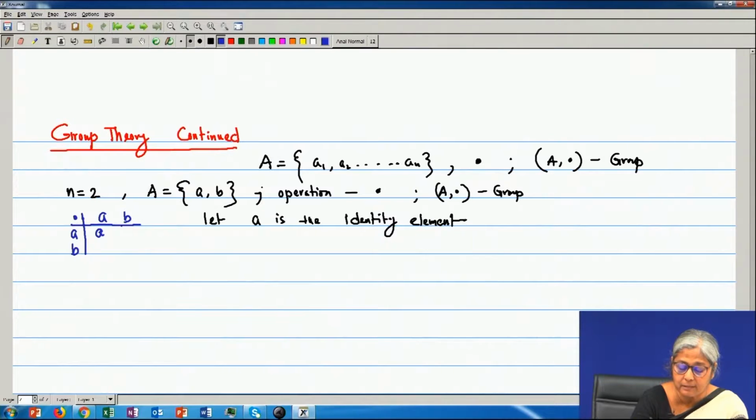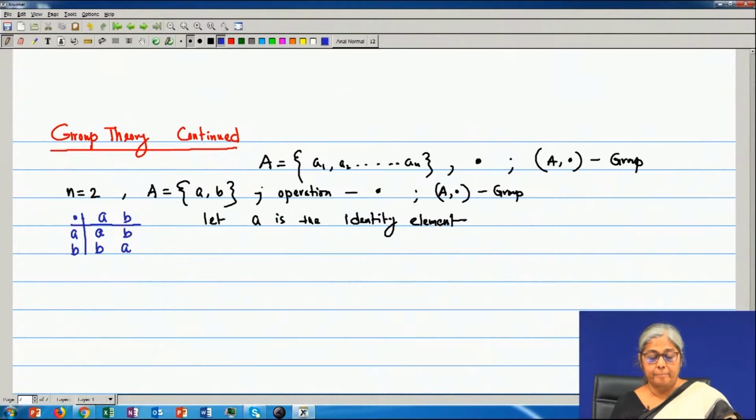Since A is the identity element, A dot B is B only. Similarly, B dot A is B only, since it is commutative, that property we have also seen. And B dot B is A, because otherwise B would be the identity, since we have already assumed that A is the identity element.